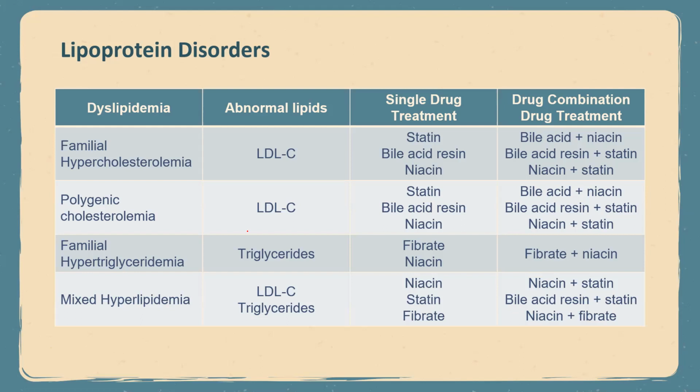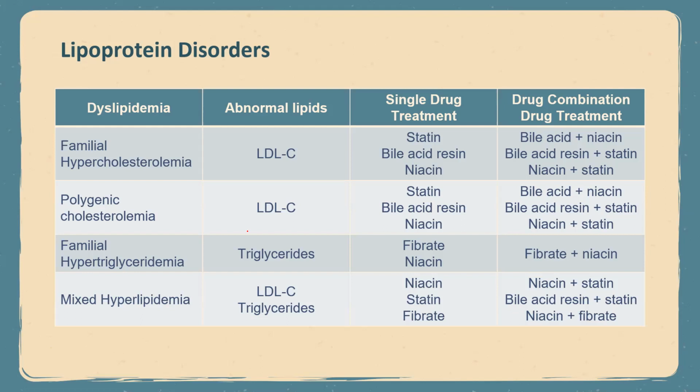Dyslipidemias are abnormalities in the lipid profile, most of which are problems in the lipoproteins, particularly in the low density lipoprotein cholesterol. While familial hypertriglyceridemia as well as mixed hyperlipidemia are problems that involve the triglycerides.